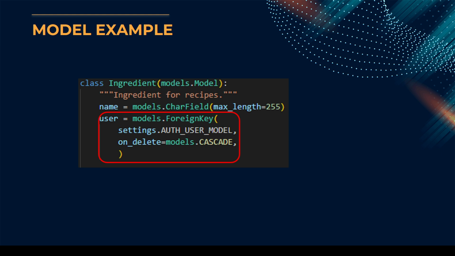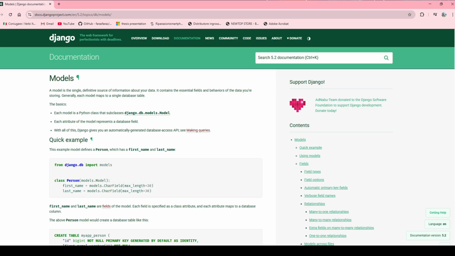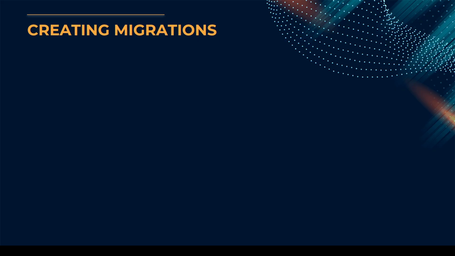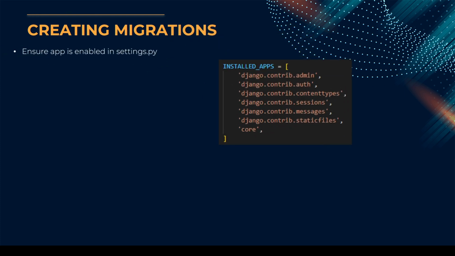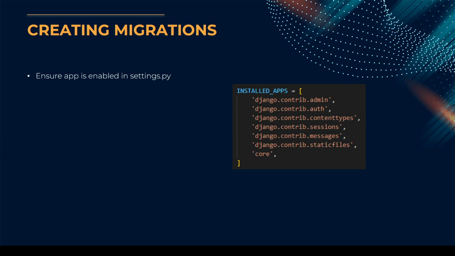These are all details of actually creating your models. This is just a general example. There are many different fields available for models. They are available in the official Django documentation. So once you have defined your models, you can then create the migrations. In order to create the migrations, you need to ensure that the app is enabled in the settings.py file.